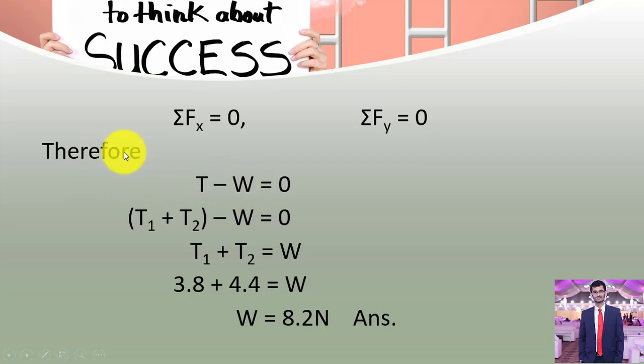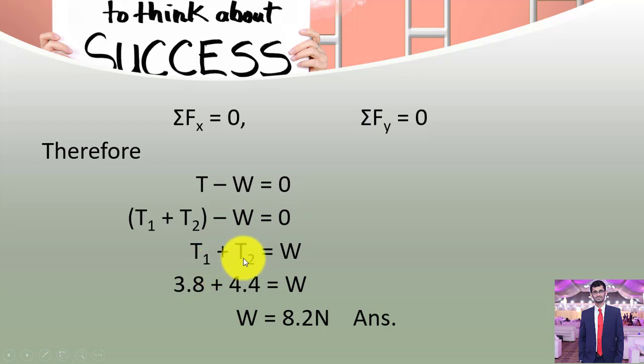As we know, tension is equal to the sum of both the tensions in the two strings, that is T1 plus T2. So the above equation becomes T1 plus T2 minus W is equal to 0.